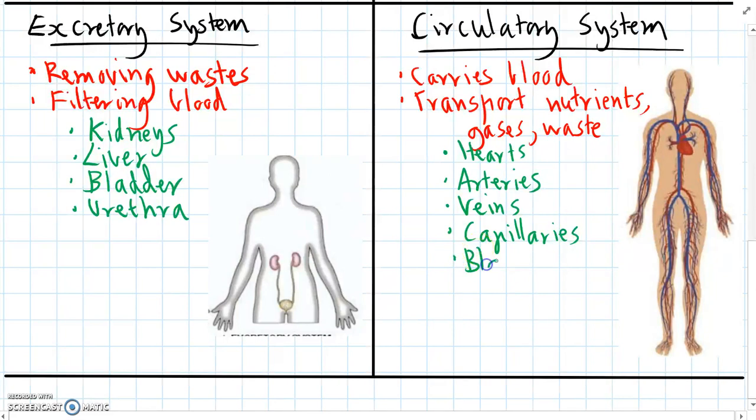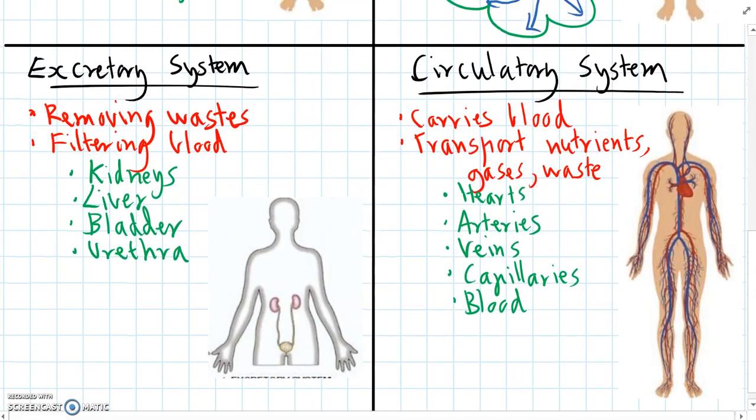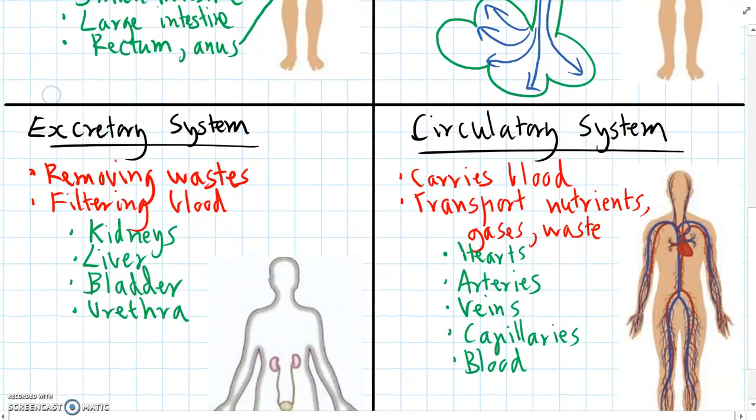And the blood itself, which has lots of important cells that live only in the blood. So that was a quick overview of some of the main body systems, or organ systems. And remember, we were thinking about structure and function for each of these systems.